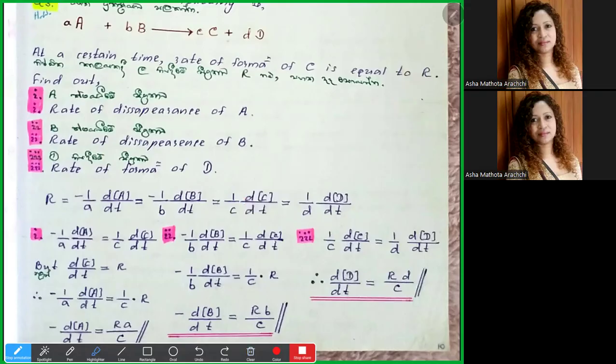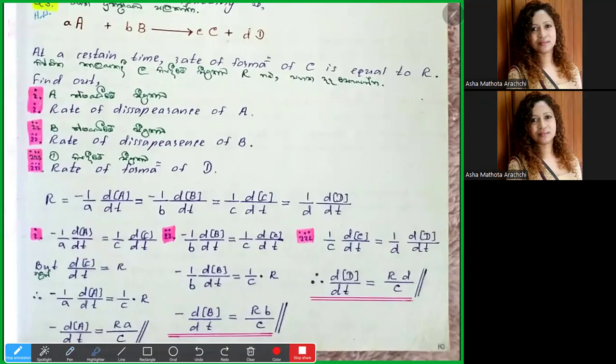So they're asking rate of disappearance of A. So I'm going to go with these two. This part, I'm going to equalize to this part, so that I can just write this: 1 over minus 1 over A into dA over dt equals 1 over C into dC over dt.